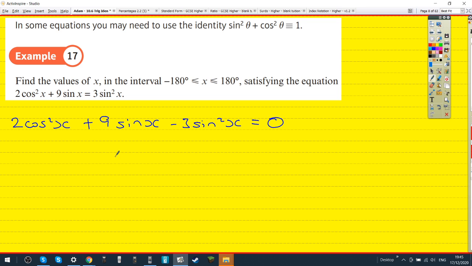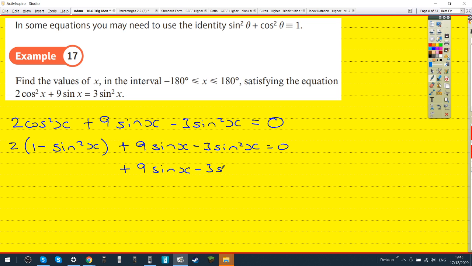And then could you convert cos into a sine? Yeah, which gives you 2 brackets 1 minus, oh sorry, sine squared x, close brackets, plus 9 sine x minus 3 sine squared x.